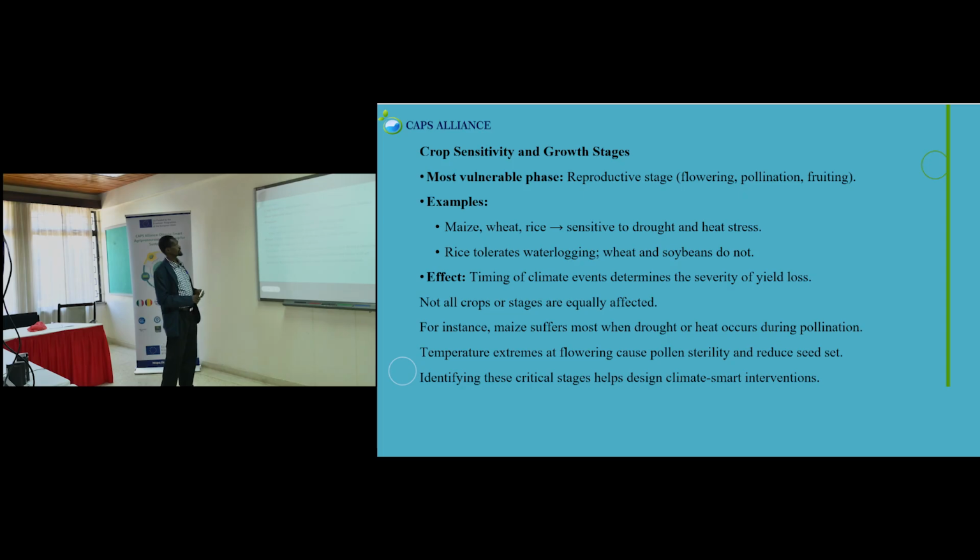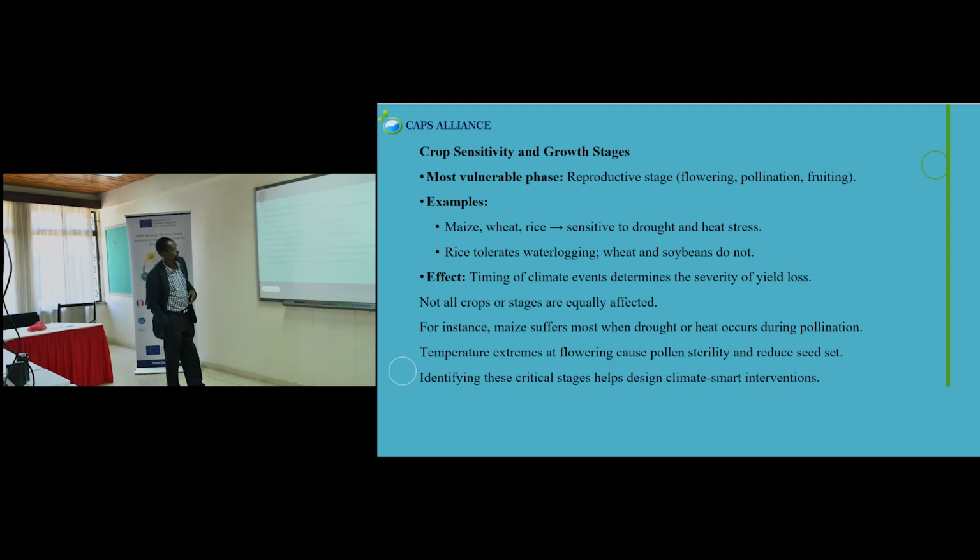Now, crop sensitivity and growth strategies. Most vulnerable phase: reproductive stage, when the plants are about to reproduce. For example, if there is no rain during that time when they are about to reproduce, then the yield will be affected. Then we have maize, wheat, rice sensitive to drought and heat. Rice tolerates waterlogging.